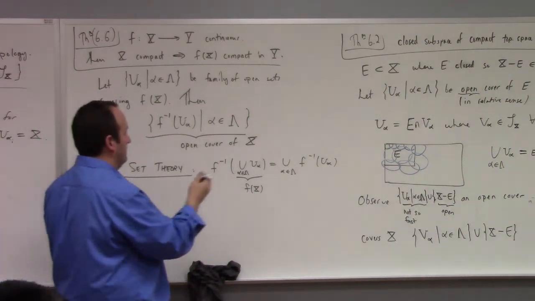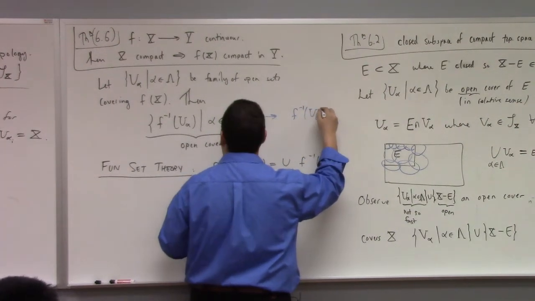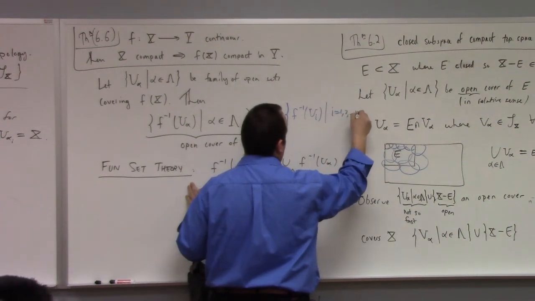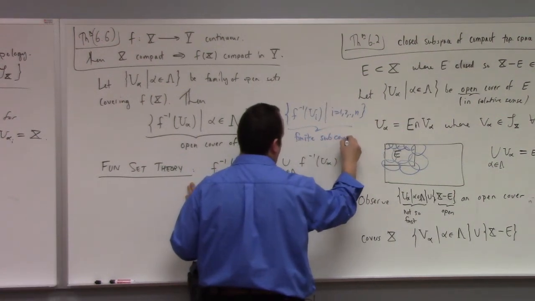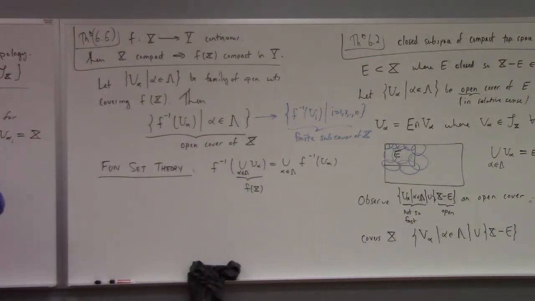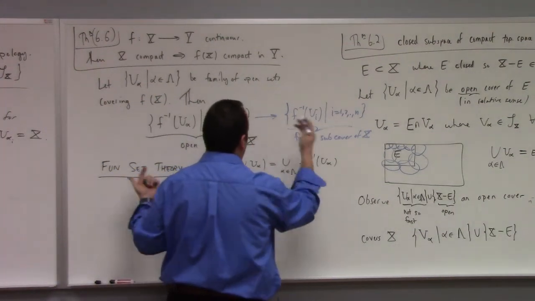So we can find a finite subcover of X, and just take the image of that cover of X, and it gives you a finite subcover of your original, of this one. So if I call this thing, I don't know.